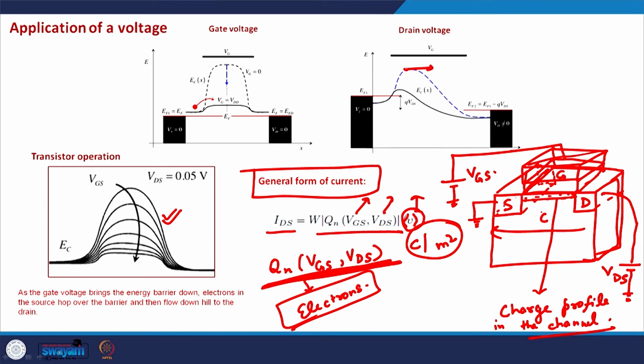The most important velocity is the velocity of the charge carriers at the top of the barrier at this point, in some cases also represented as Vt.